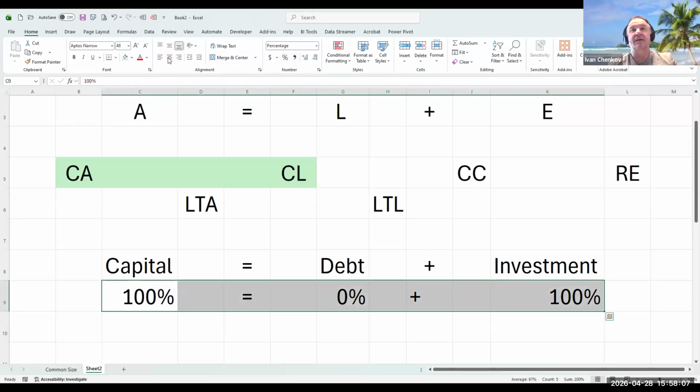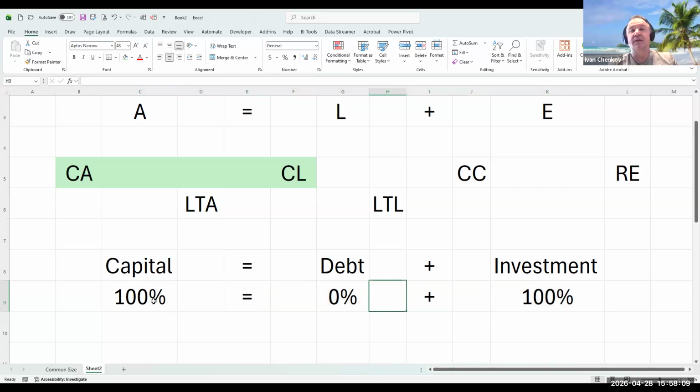We already know that those three work together. On one side, you have capital, which is 100%. On the other side, you have debt plus investment. So now what's going to happen if I start borrowing money, if my debt goes to 20%, my investment is going to drop down to 80%. Because on the other side of the equation, I have 100%.